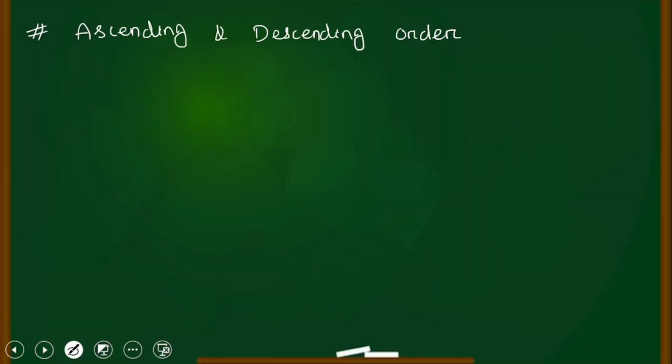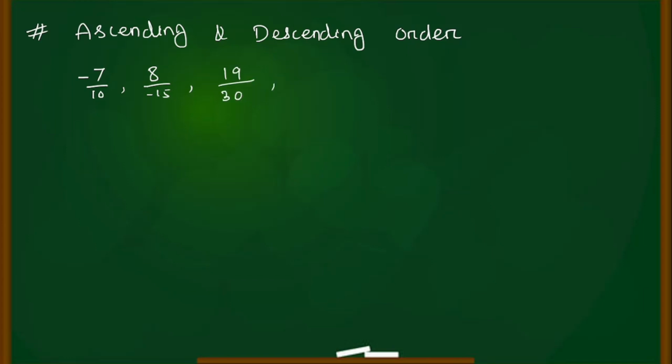Now the next concept, that is ascending and descending order. Okay, so how to solve ascending and descending order? Suppose the question is minus 7 by 10, comma 8 by minus 15, comma 19 by 30, comma minus 2 by minus 5.